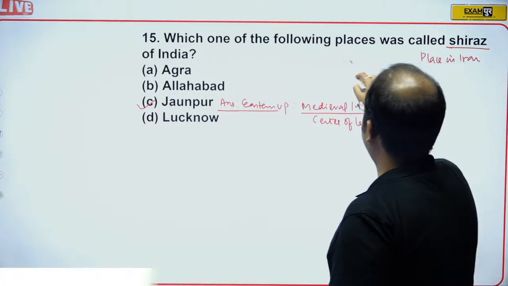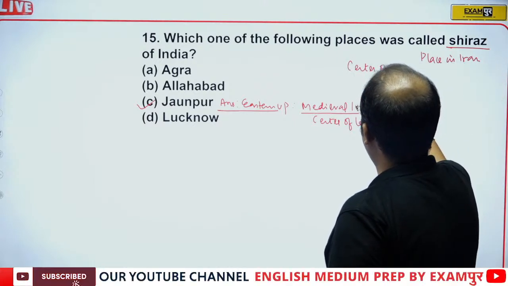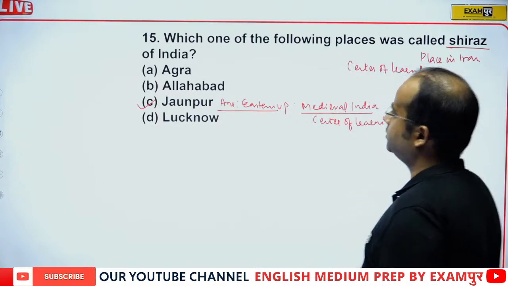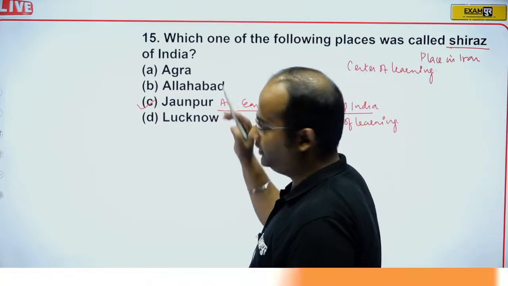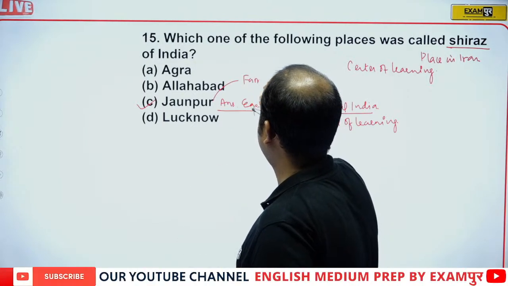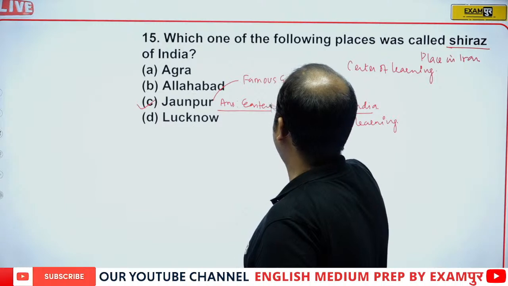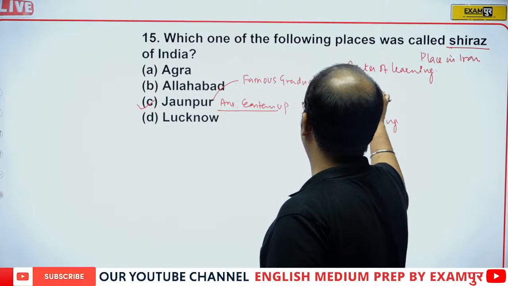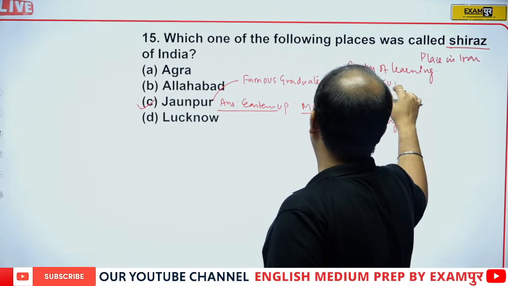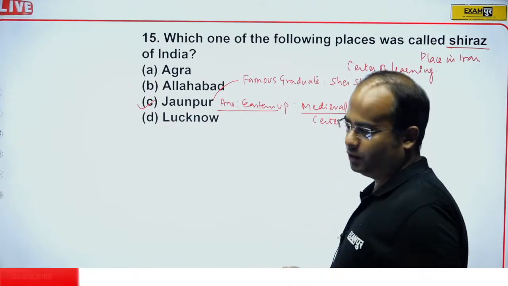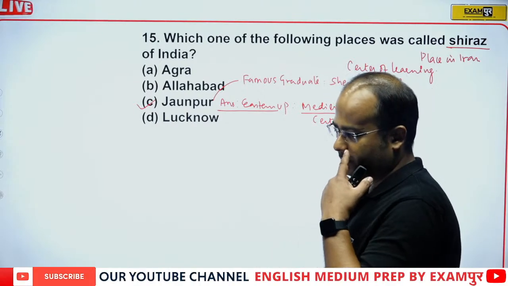It is also a center of learning. So Shiraz-e-Hind or Shiraz of India was none other than Jaunpur. And the famous graduate of this place was Sher Shah Suri. So Sher Shah Suri studied at Jaunpur.